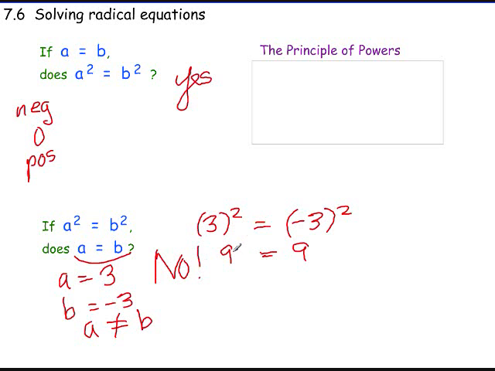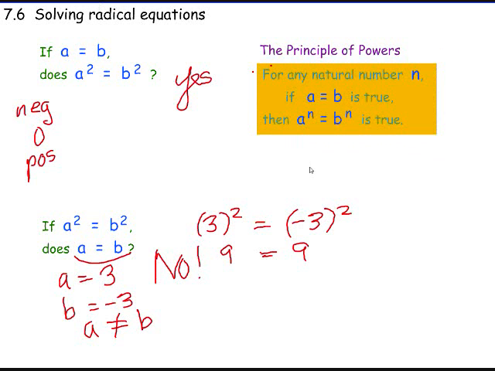The principle of powers. Let's see what that's all about. So I need a different tool for that. I want to reveal that to you, the principle of powers.